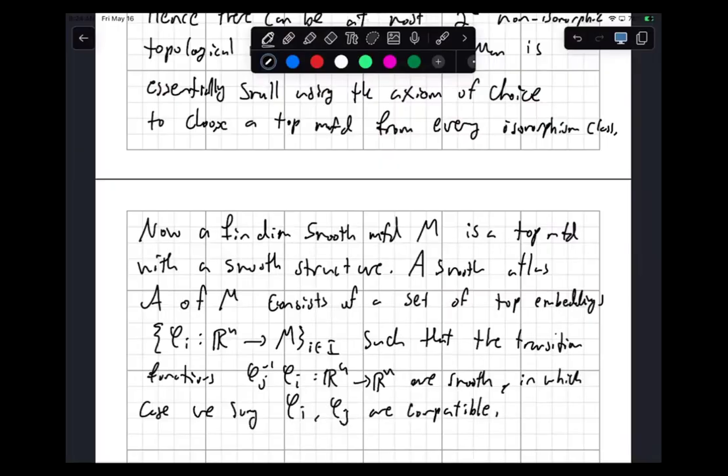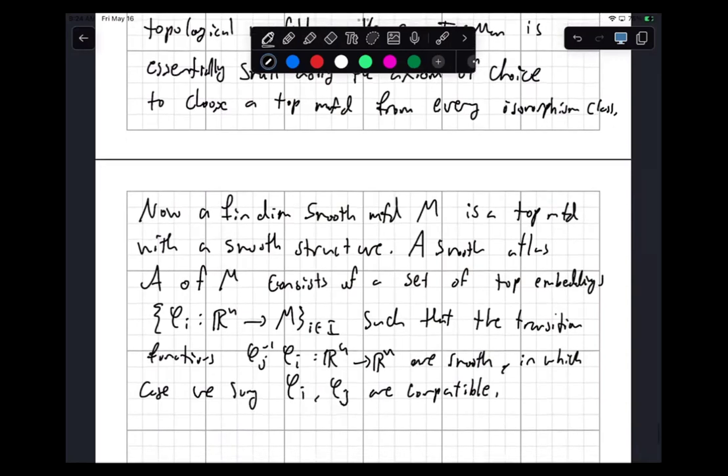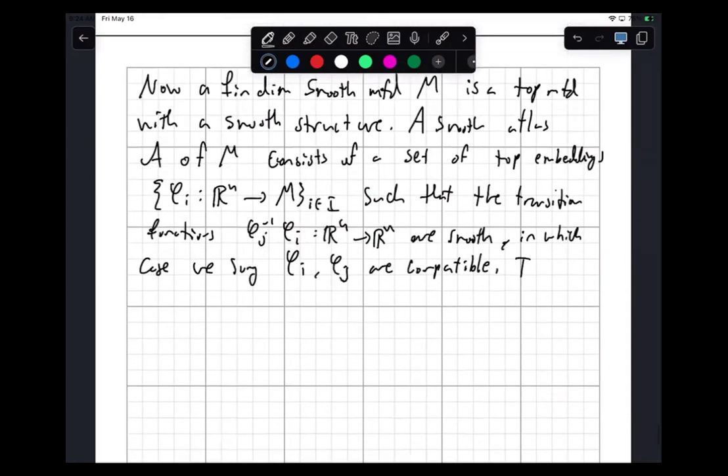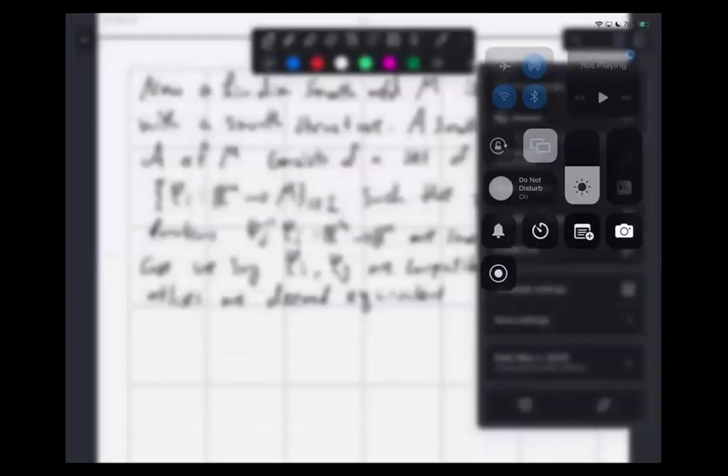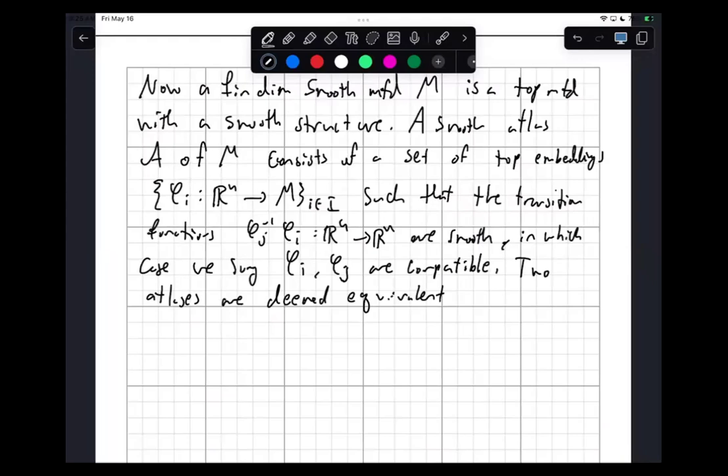All right. So two atlases are deemed equivalent if every pair of charts is compatible.